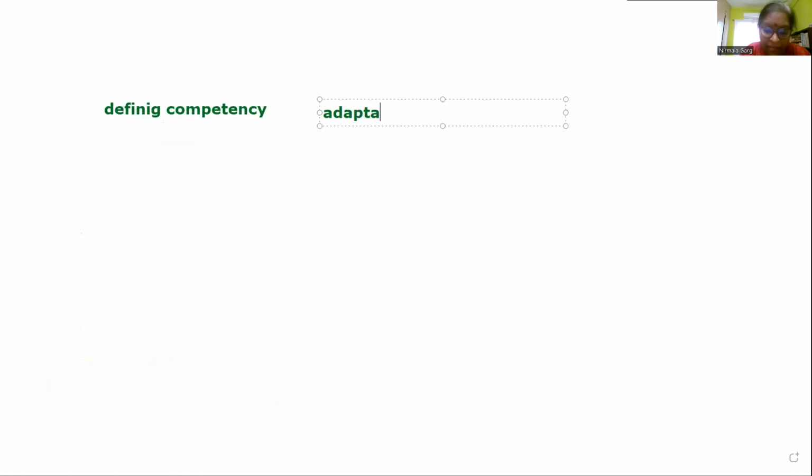I talked about step 1, defining competency. When I said defining competency, say for example, I'm taking a generic, behavioral, very simple competency: adaptability.